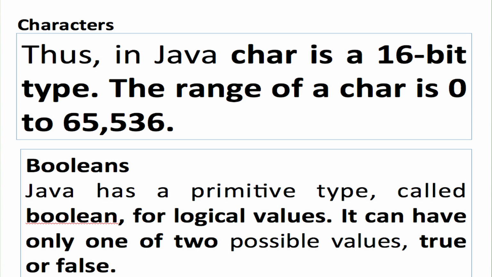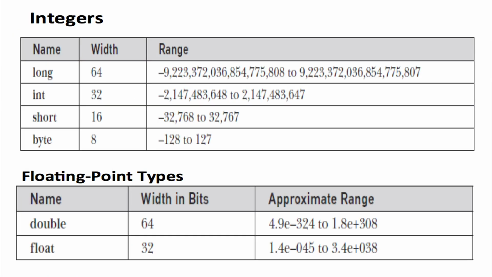Now the last is integer. In this last slide we have the integer data types: long, integer, short and byte. The width of each data type is given in the third column.